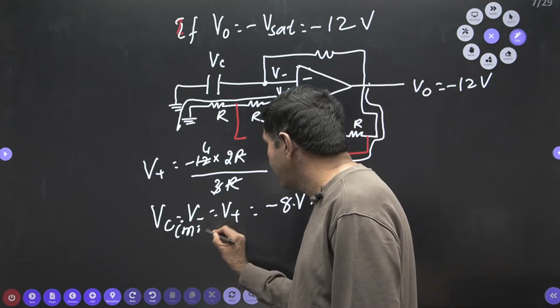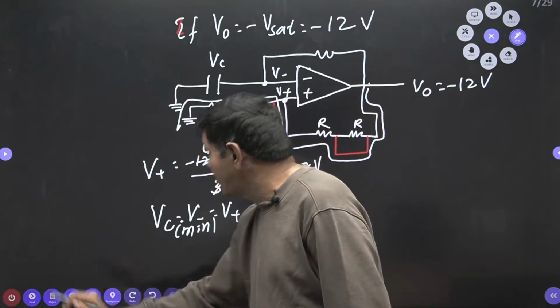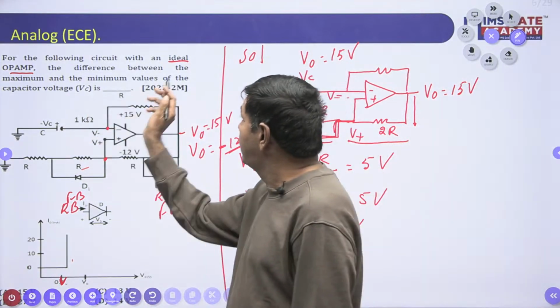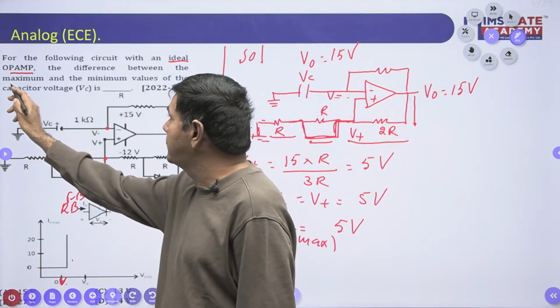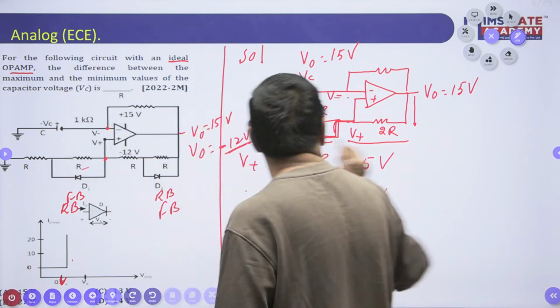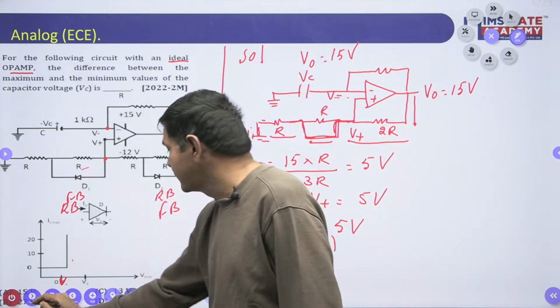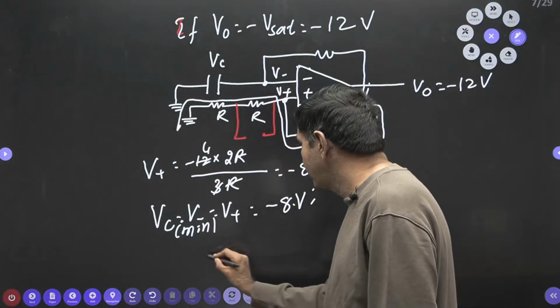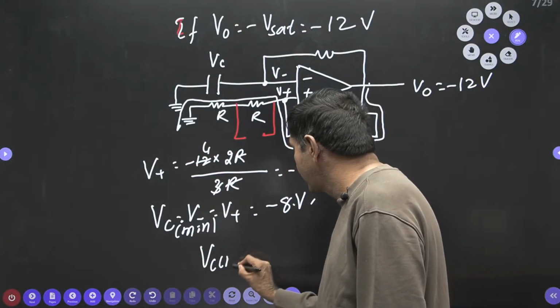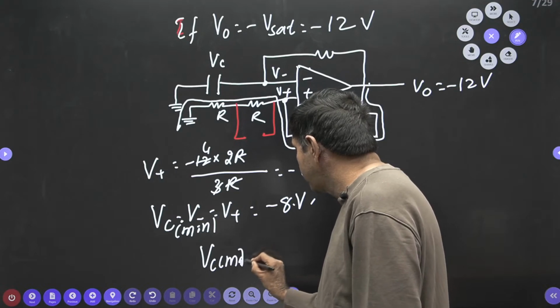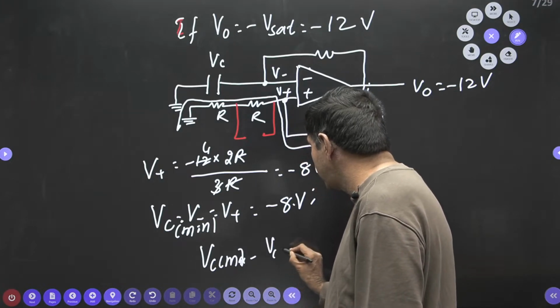But check what the problem is asking to find. The difference between the maximum and minimum voltage is required: VC maximum minus VC minimum.